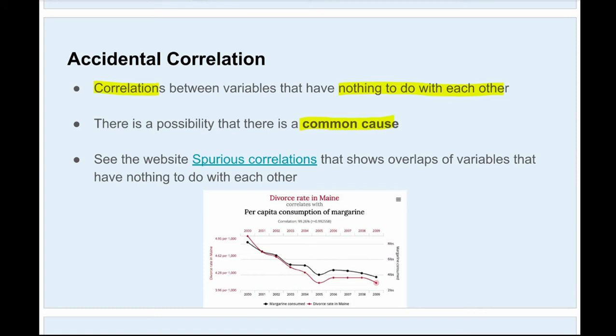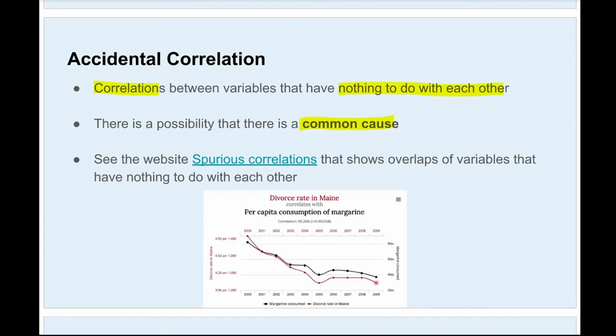Generally speaking, we would say that these two variables have nothing to do with each other. You could find a common cause, which maybe is when you divorce, you have two different households now, right? Assuming you still live in the state of Maine, each person is now buying their own individual margarine, so that would influence the consumption, basically saying there are more people buying margarine now.